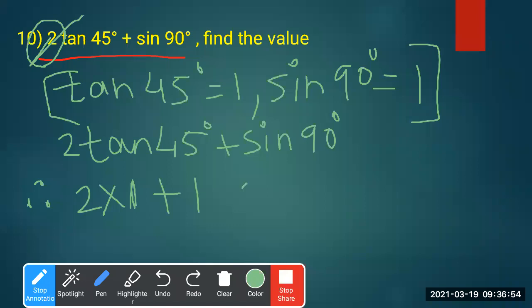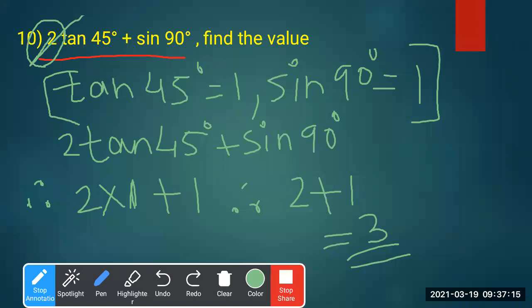So 2 into 1 is 2, plus 1, which is equal to 3. So that is the final answer, the value of the given expression: 2 tan 45 plus sin 90 degree is equal to 3.